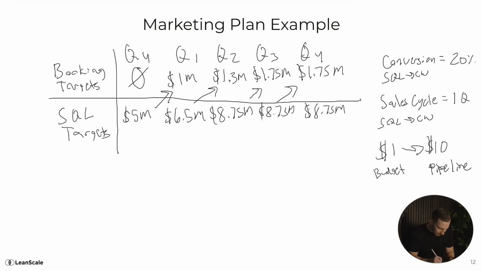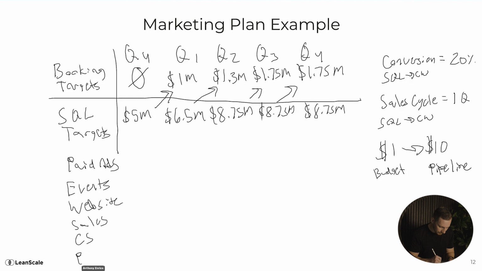Now the next step, this division will be different depending on the company you're in and what your business is. But the next step is going to be doing this by channel. I'll give you a couple examples. You may have a paid ads channel, an events channel, your website, and then sales, CS referrals, and then maybe partners.